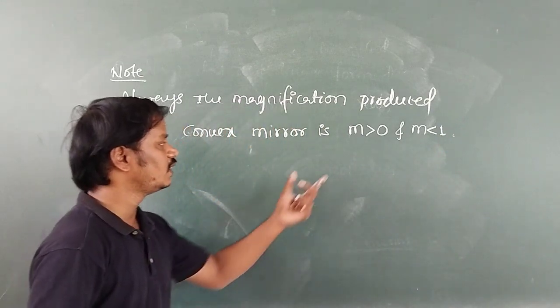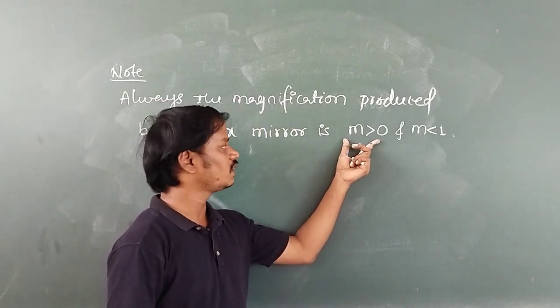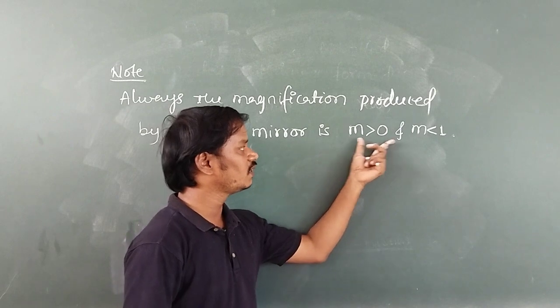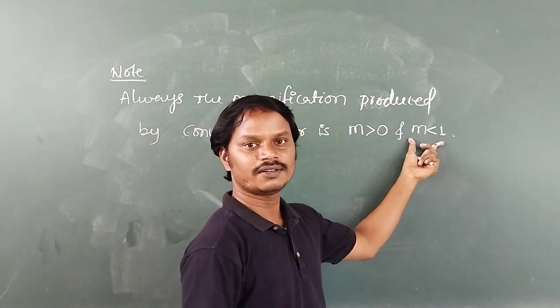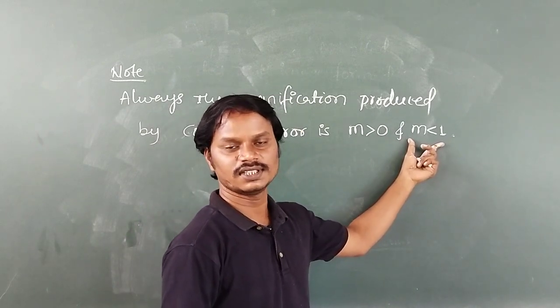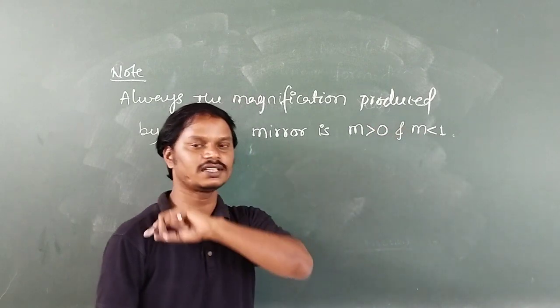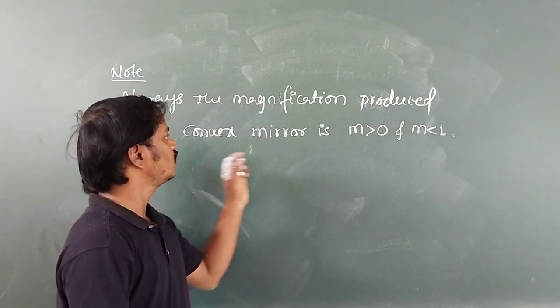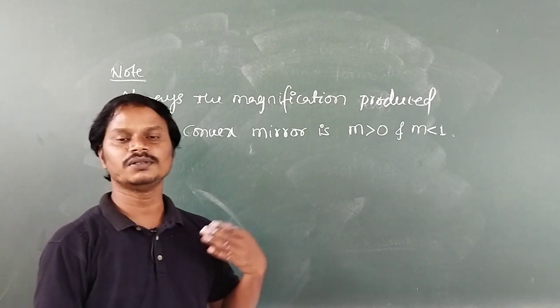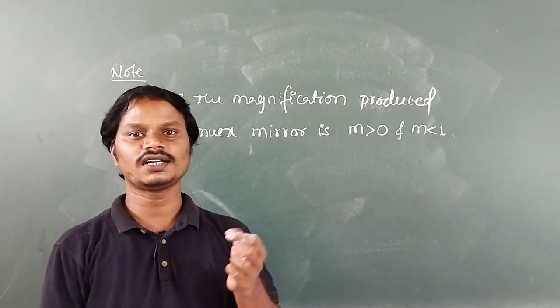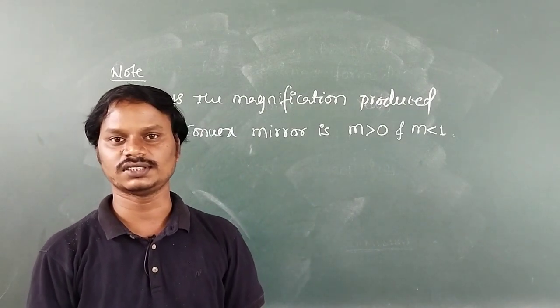So the nature of the image formed by a convex mirror is virtual and erect, and the size of the image is diminished. So this is all about the formation of image by concave mirror and convex mirror by using magnification. Okay.